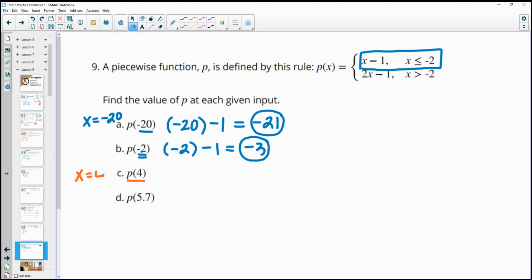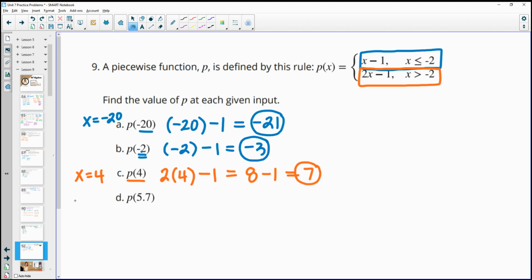So here we have x equals 4, which is bigger than -2. So that's going to be going in this bottom part of our piecewise function. Any x's that are greater than -2 go in the bottom. And so our x here is 4. So we'll be doing 2 times 4 minus 1. So 2 times 4 is 8, minus 1 is 7.